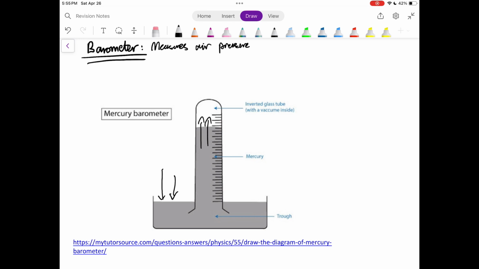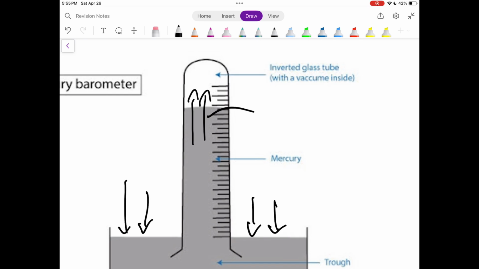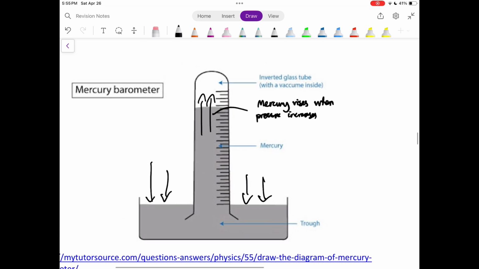So there's more pressure pushing the mercury in the trough down, then the mercury will rise. So mercury rises when pressure increases, and therefore the rising will stop when the pressure inside and outside of the tube equalizes, and therefore a reading can be read here, for example, to measure the air pressure.